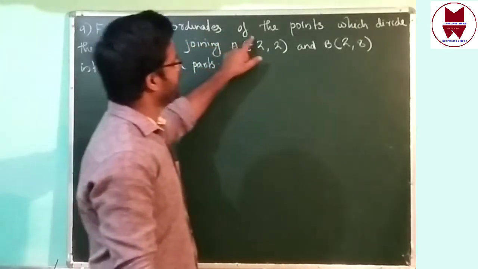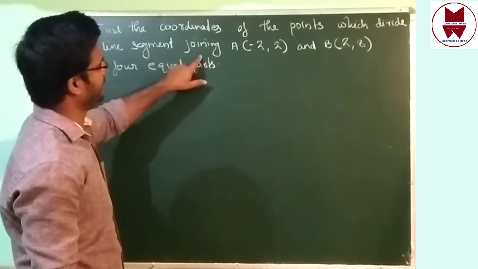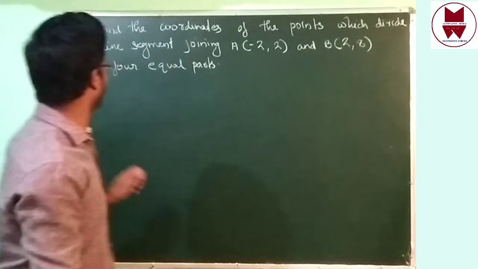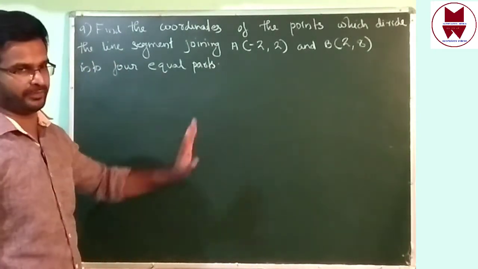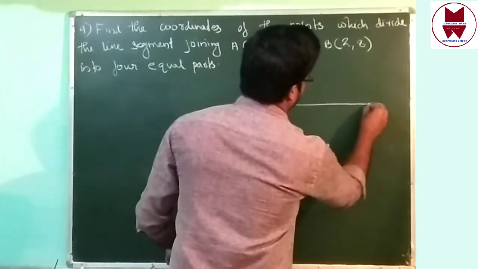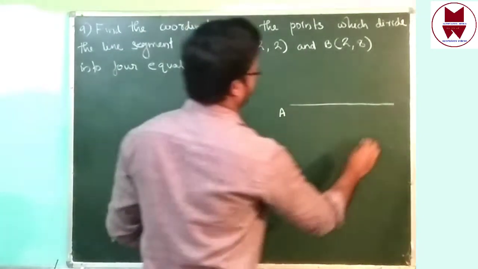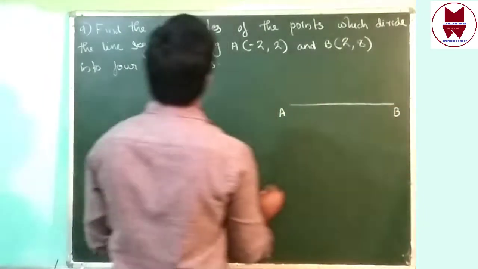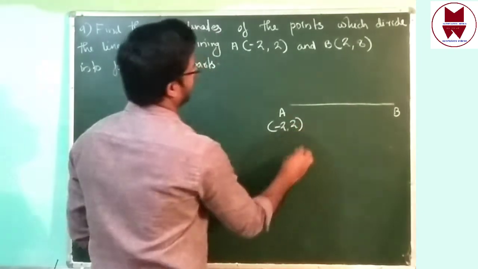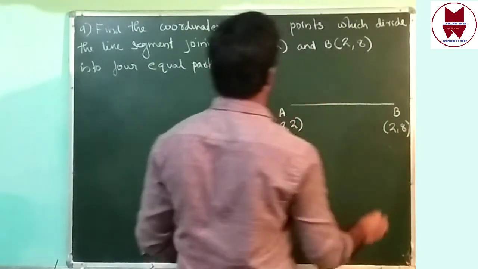Find the coordinates of the points which divide the line segment joining A minus 2, 2 and B 2, 8 into 4 equal parts. First we can draw one line segment. Points A and B are already given, coordinates also given, that is minus 2, 2, then B is 2, 8.